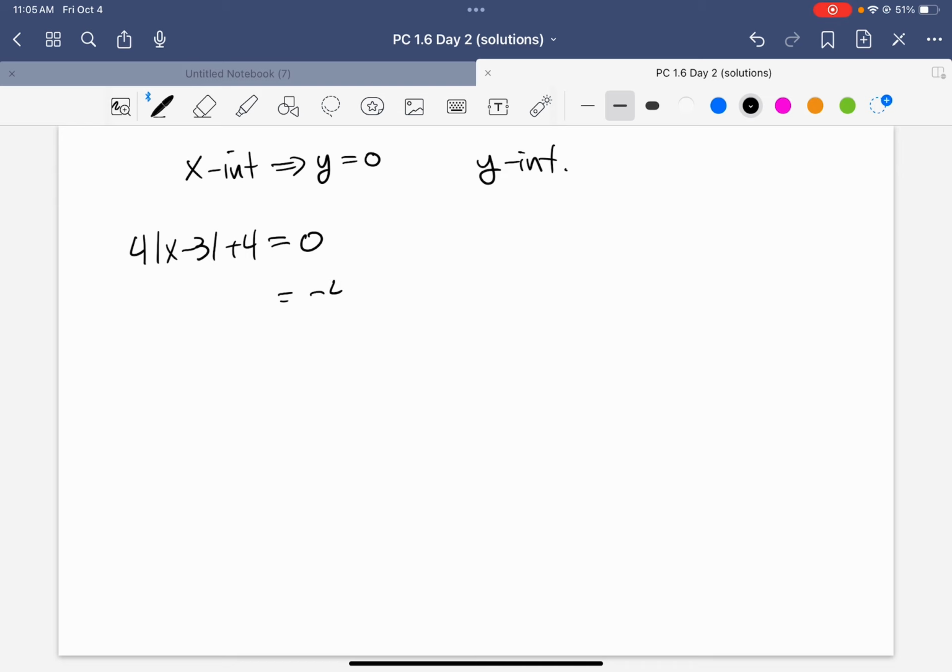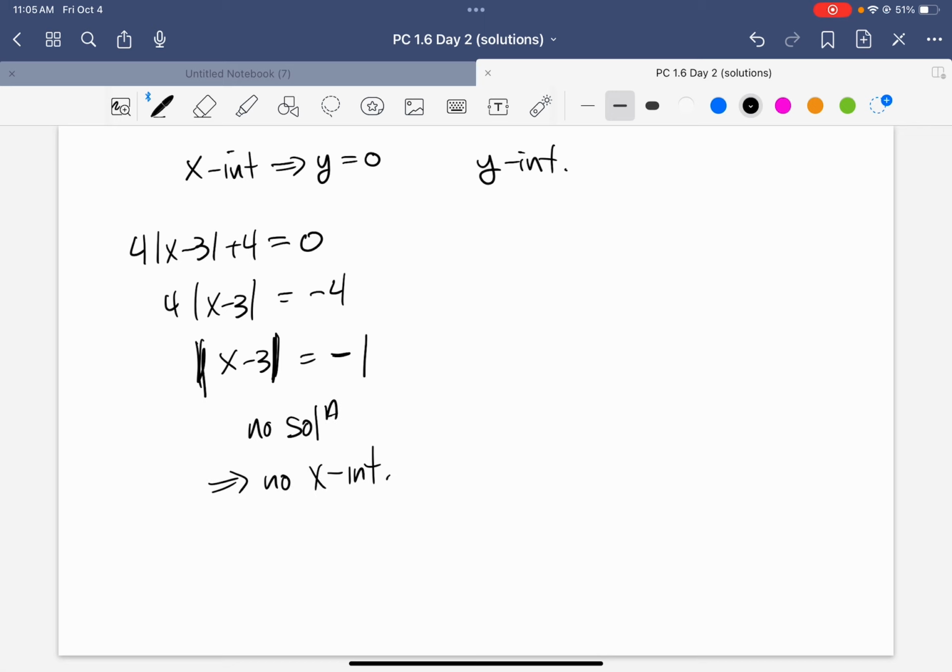So I get -4 absolute x minus 3 equals... so the absolute x minus 3 is equal to -1. When can you take the absolute value and get a negative? You can't. So there is no solution. That means there is no x-intercept, which makes sense because it's an absolute value that you've shifted 4 up.